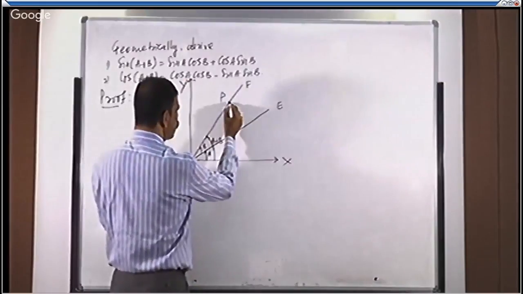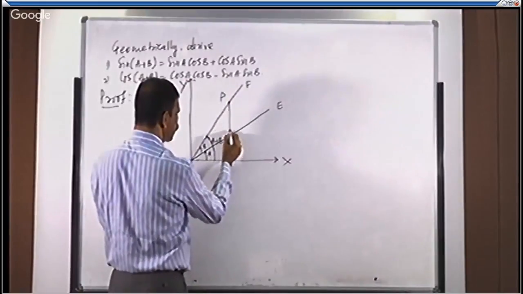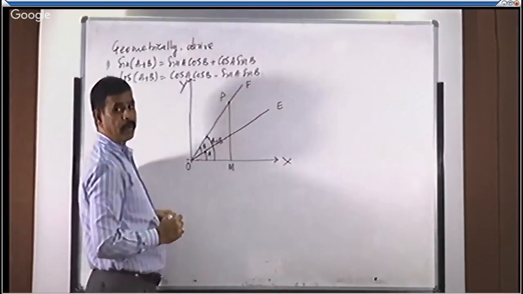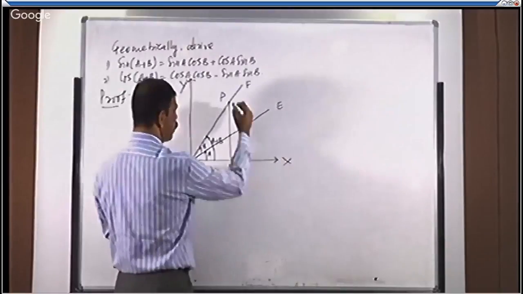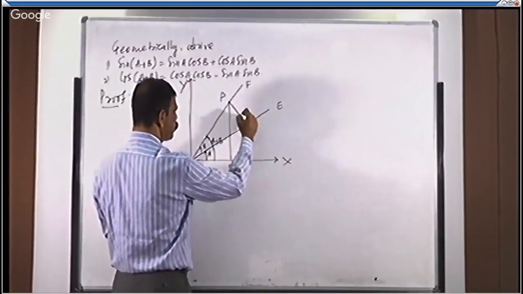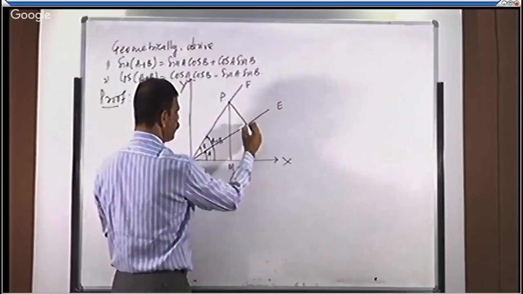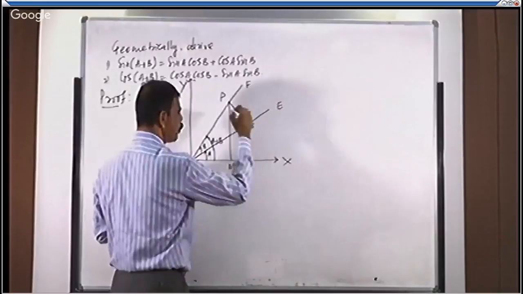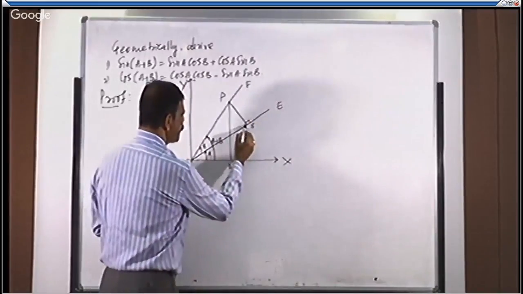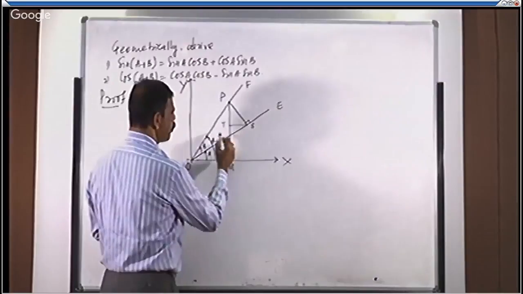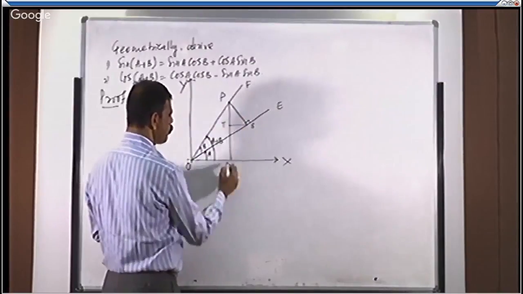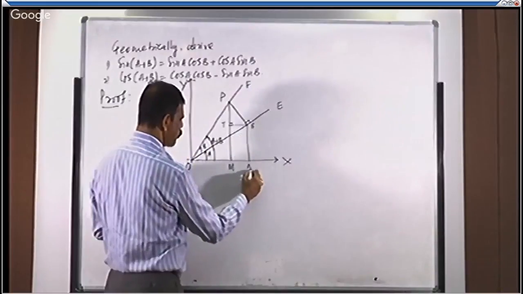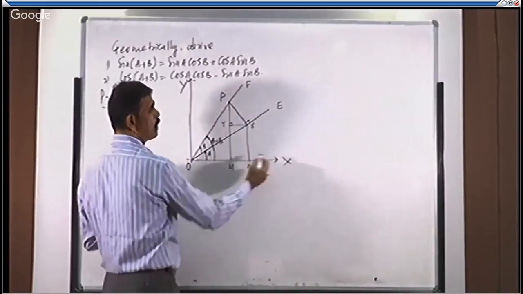Now draw a perpendicular to the x-axis. PM is perpendicular to the x-axis. Draw a perpendicular to OE. See, PS is the perpendicular to OE. Draw ST perpendicular to PM and draw SN perpendicular to OX.